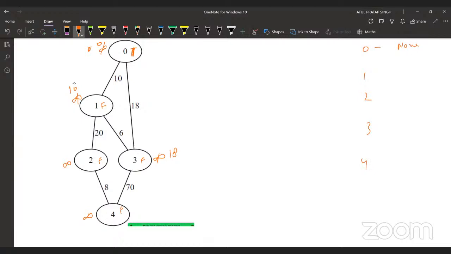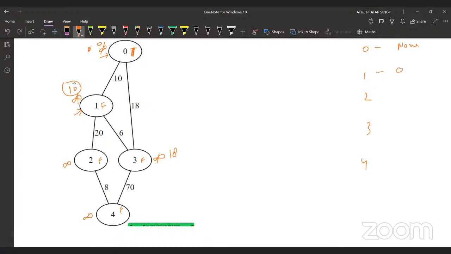After that we select the vertex which has the minimum distance. What is the next selected vertex? 0 is already selected, so next is 1. At the time of selection, where did we get this distance 10 from? From 0, so we mark the parent information as 0 here.